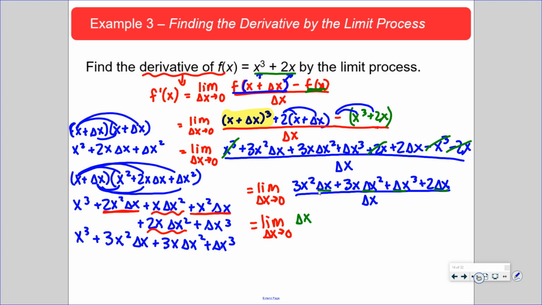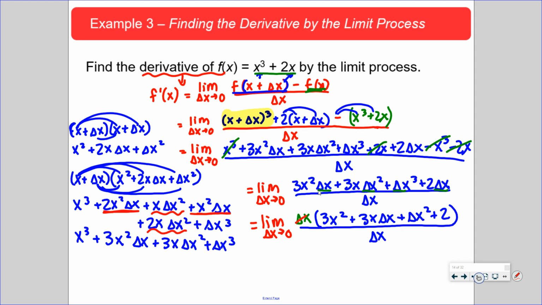So I would be left with, in my first term, just 3x squared. In my second term, I would be left with 3x delta x, because there's 2 of them in that term. Only factor 1 out. Plus, there's 3 in the delta x cubed, that'd be delta x squared. And then factoring out the delta x from the 2 delta x, I'd just be left with 2. Again, just think of it like another variable.